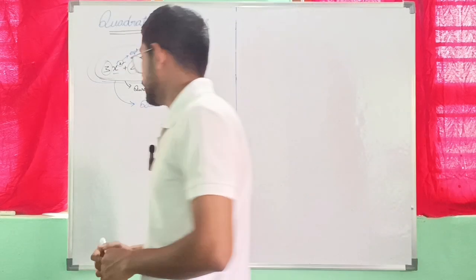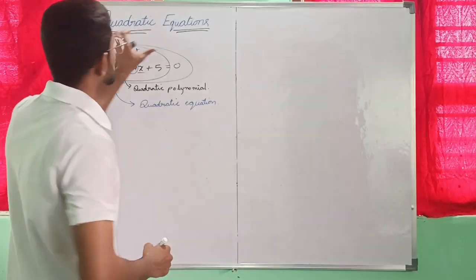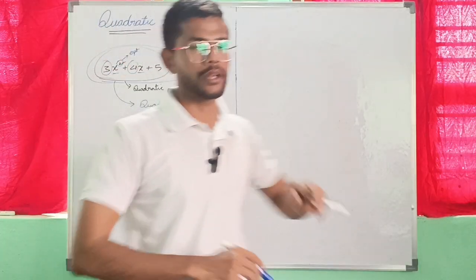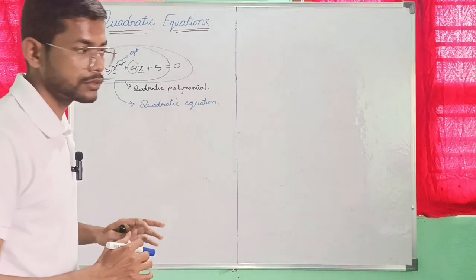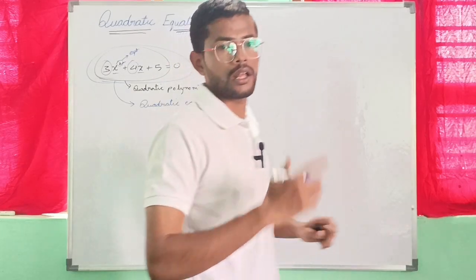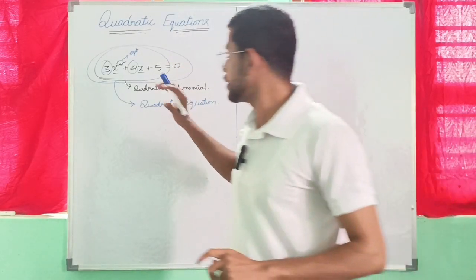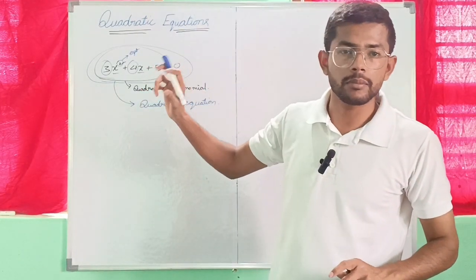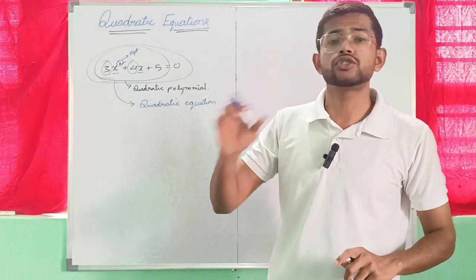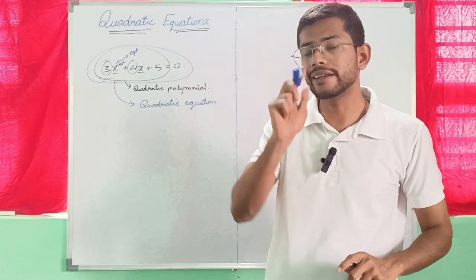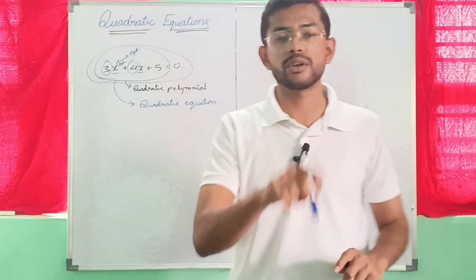Let us define what a quadratic equation is. As I already told you, if the highest degree of a variable in a polynomial or an equation is 2, then it is called a quadratic equation.